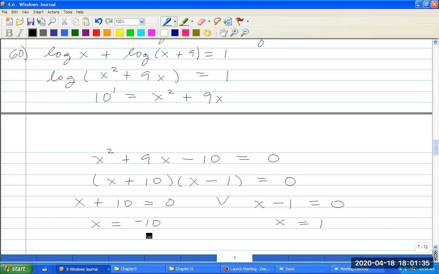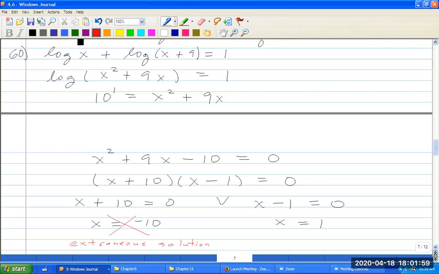Well, let's plug in -10. What's the log of -10? Well, we don't have a log of -10, not in the reals. And so this is an extraneous solution. It is a solution to our technique, but it is not a solution to the given problem.